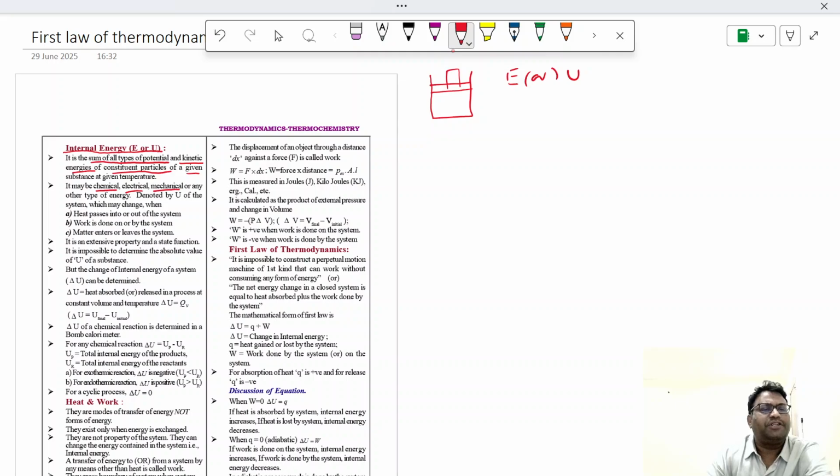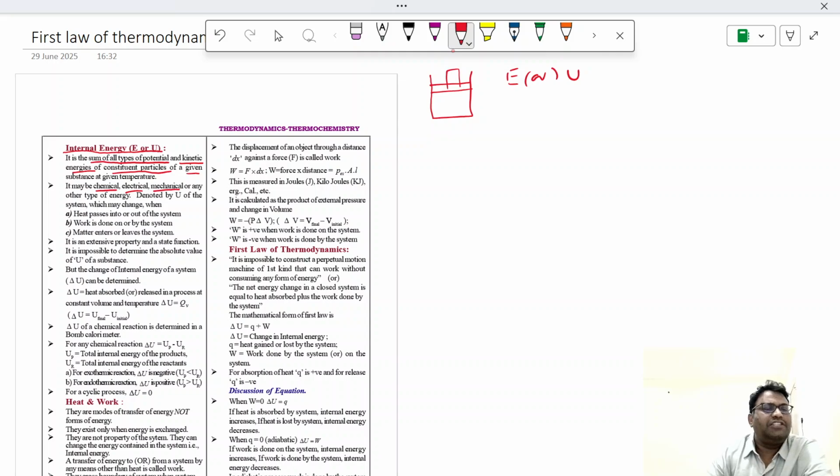The different types of energies possessed by the particles of a particular substance are called internal energy.